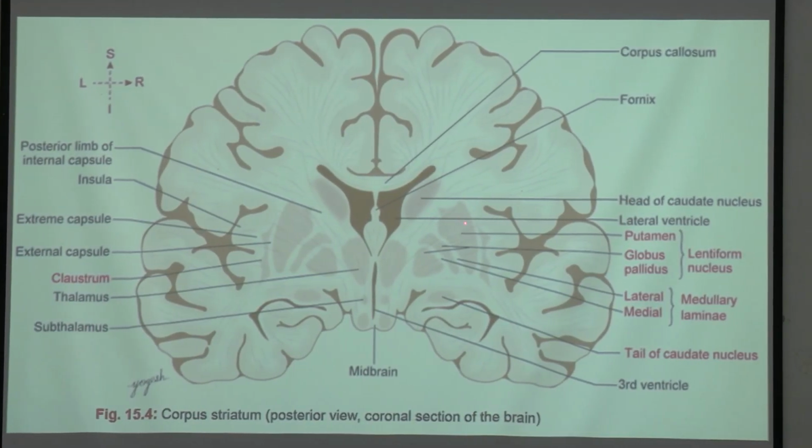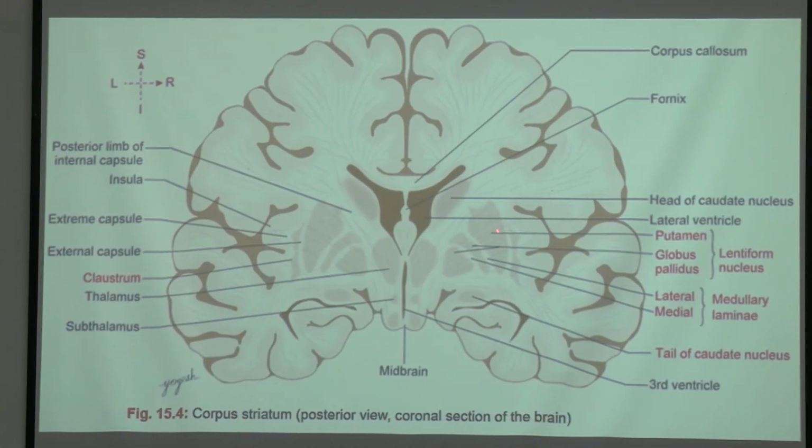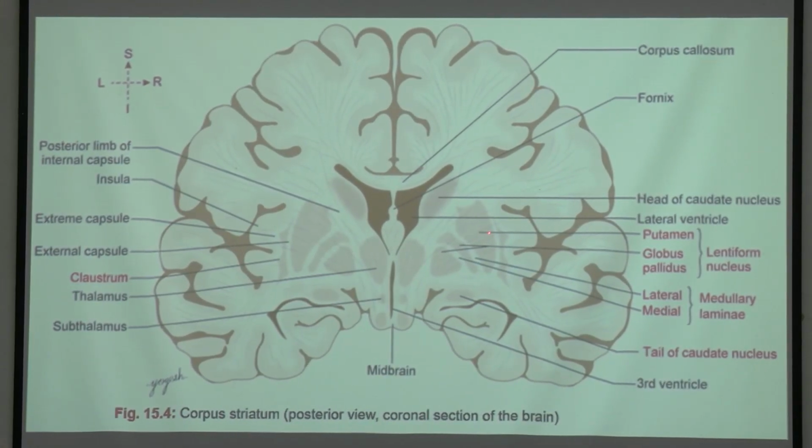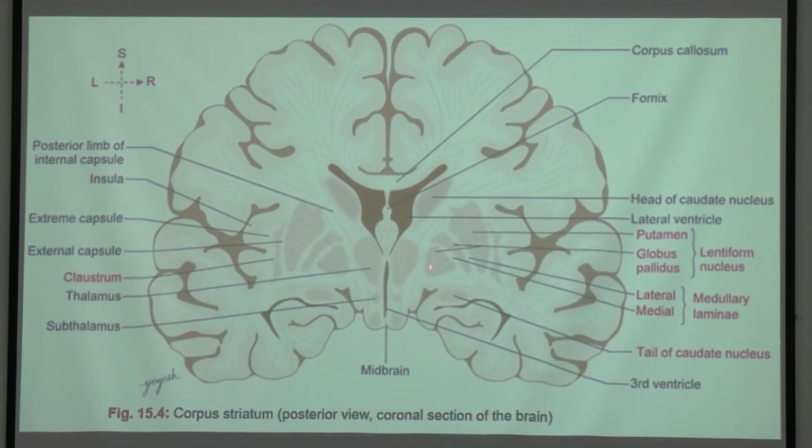which has an outer part, the putamen, and an inner part, the globus pallidus, which has medial and lateral parts. So as a whole these form the lentiform nucleus, a biconvex lens-like grey matter structure.